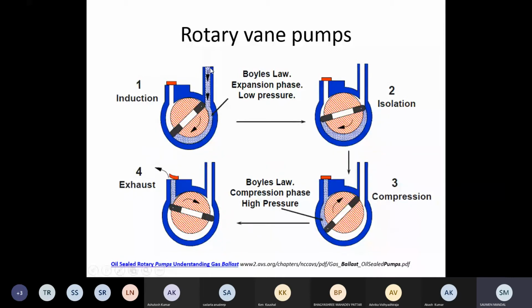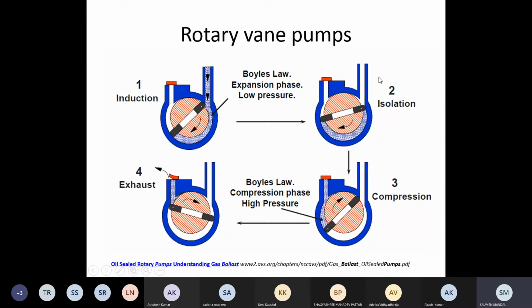So whatever the chamber pressure, here will be the same pressure. Then in stage 2, when it moves, the trapped air is disconnected from the chamber, and further, in stage 3, it goes to the compression stage. So first is induction. Some of the gaseous material or air from inside the chamber will come here, induction.